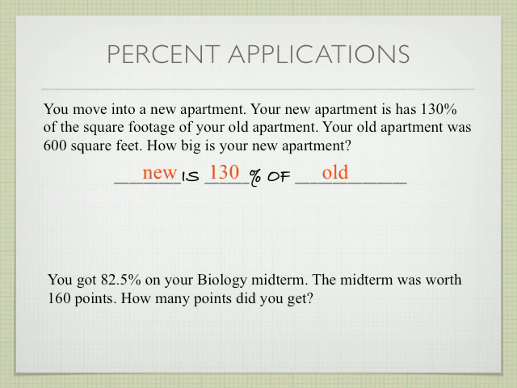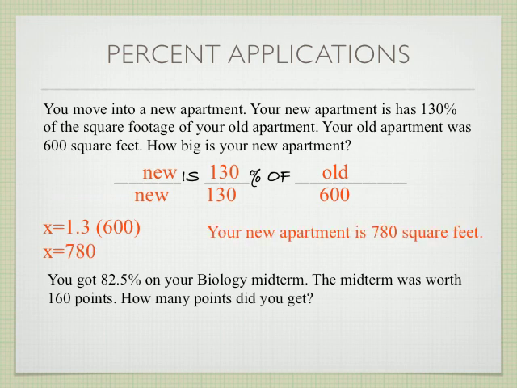Do you see how that's saying exactly the same thing? Now we know the old apartment is 600. So we get my new, which I don't know, equals 1.3. Convert 130% into a decimal. Percent of means multiply, so I multiply it by 600. I get 780. So my new apartment is 780 square feet.